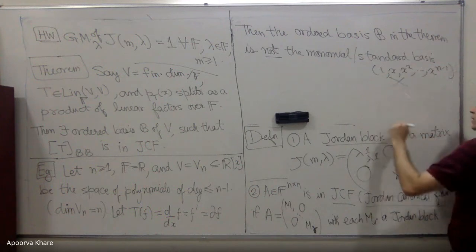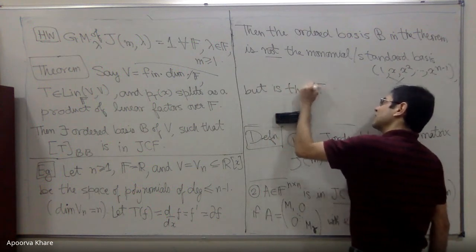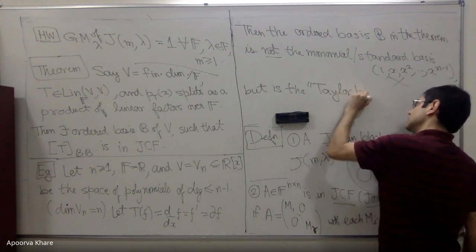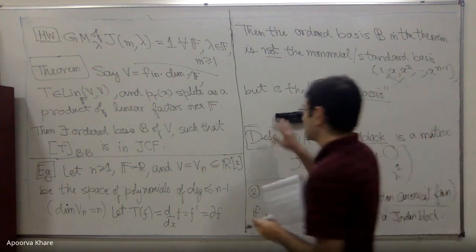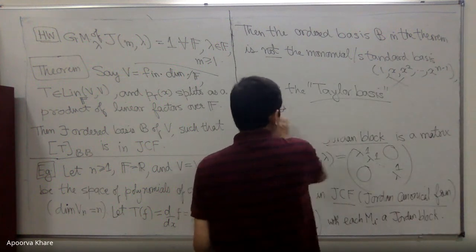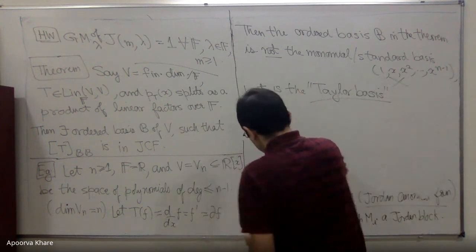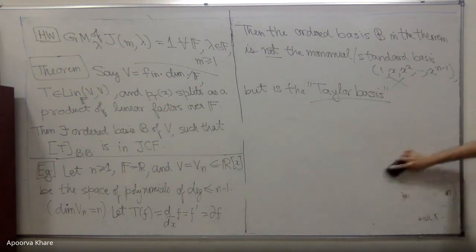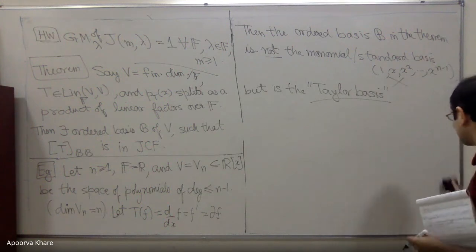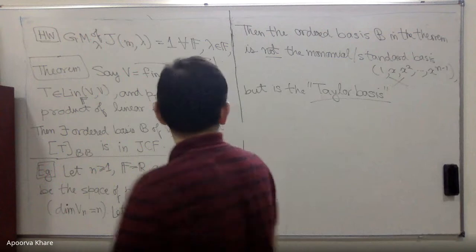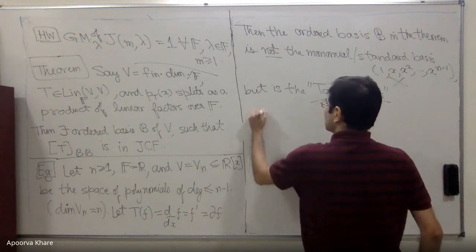It is what I will call the Taylor basis. What is the Taylor basis? It is the basis of Taylor polynomials, the kind of monomials you see when you calculate Taylor series and Taylor polynomials. So in that you have to divide by stuff. So basically you take 1, x divided by 1 factorial, x squared over 2 factorial, x cubed over 3 factorial, and so on. Okay.